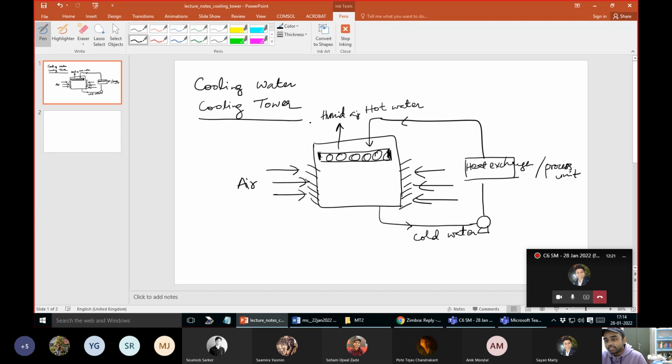The contact time between the air and the water, how they make contact, whether through a packed column, tray tower, or direct contact, also matters, as does the uniformity of the air distribution within the tower.